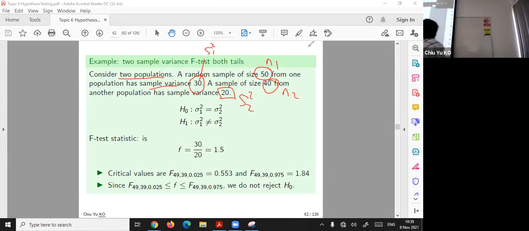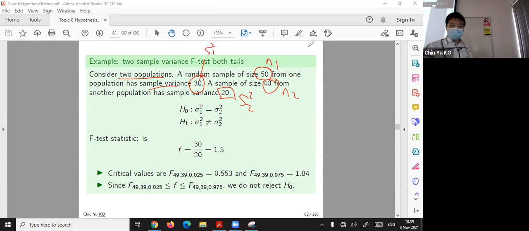You are trying to see whether they come from populations with the same variance. We don't know whether the same mean or not. If you want to see whether the same mean or not, you should go back to the t-test, but we only want to check the same variance. We don't make any assumption about the mean being the same or not.